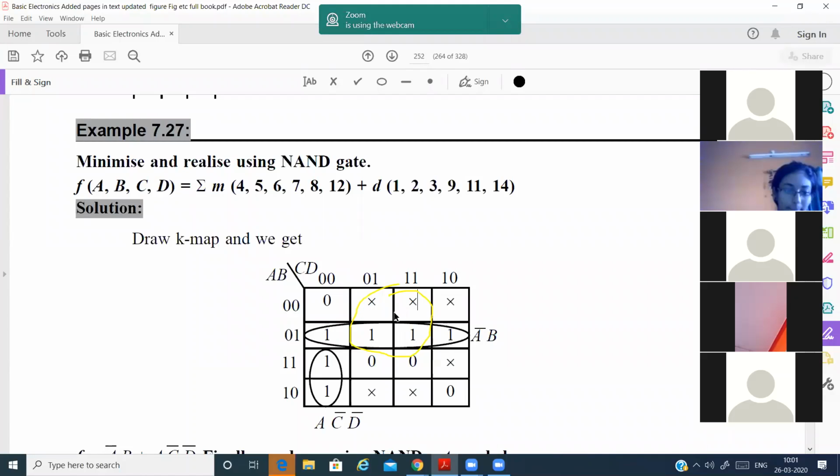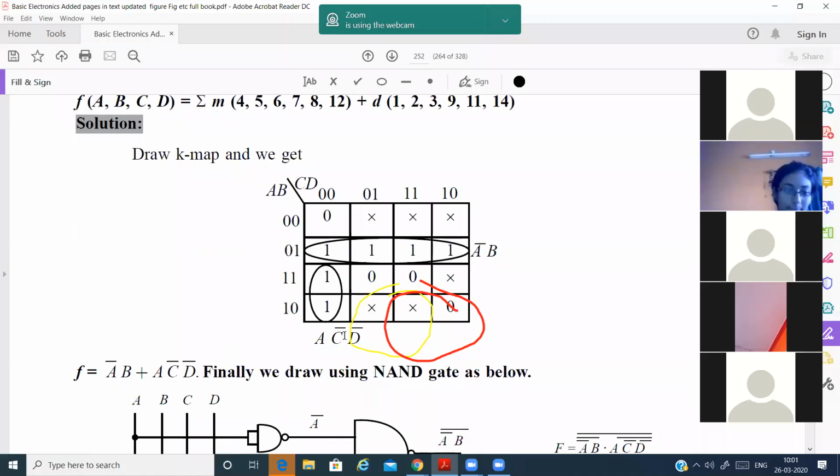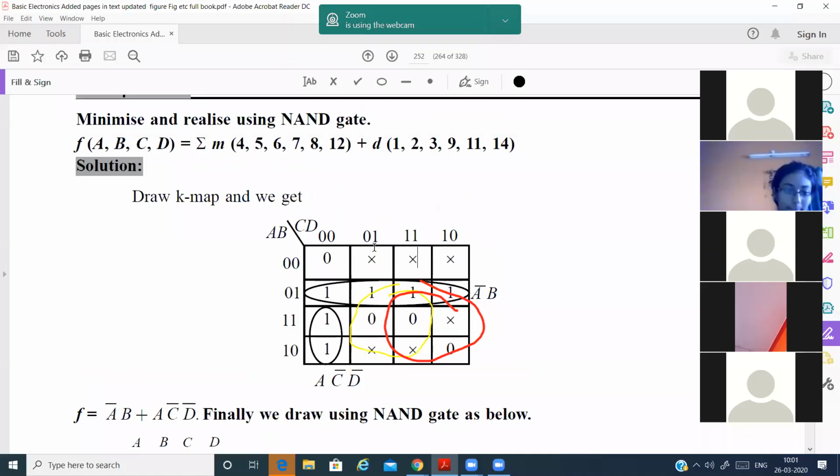You can make a group, but once you simplify it, you'll be getting the same value. You can group it, no problem, but you'll get the same value. That's why I have not grouped it. But you cannot group this one, which has 0, 0 in don't care. We are only bothered about 1. For your level, we are just going to do with 1.